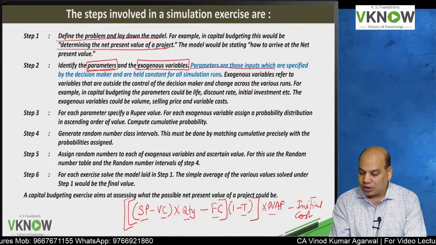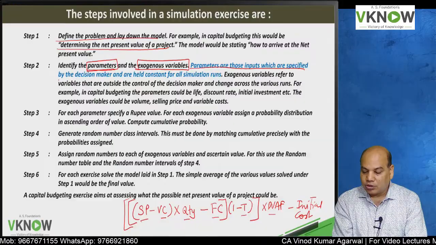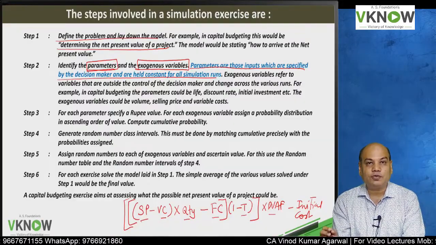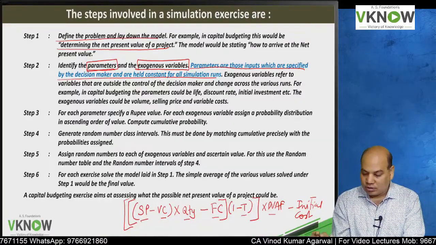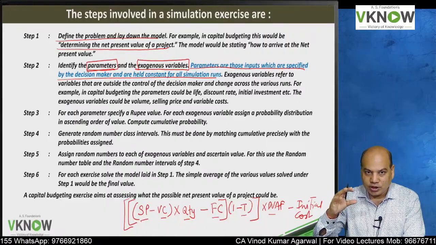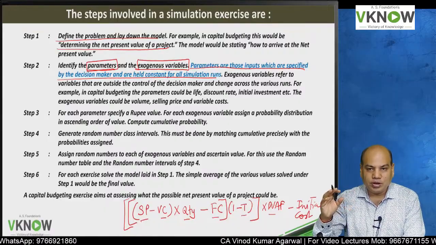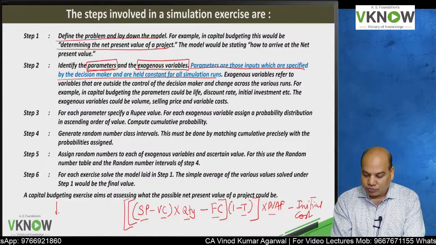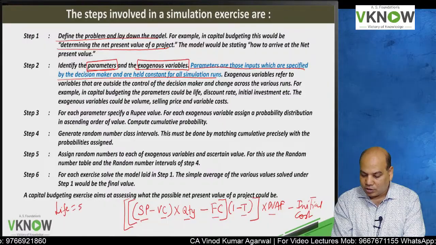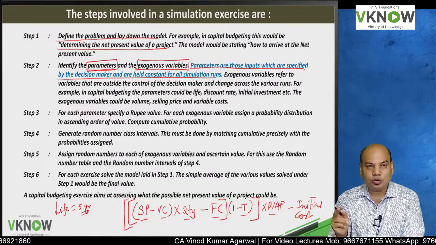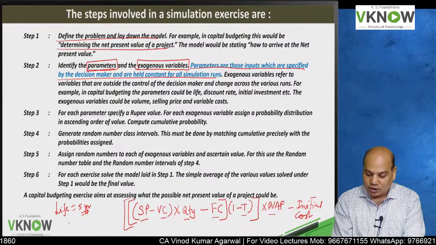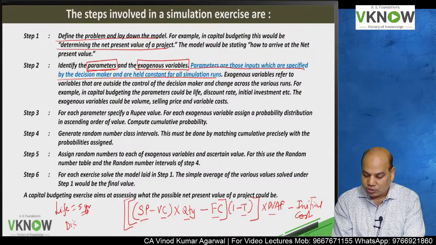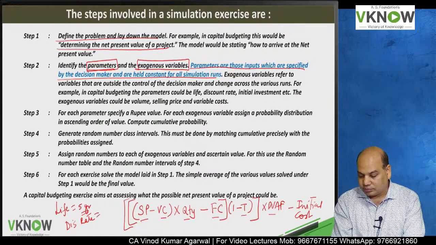Parameters means those inputs which are going to be held constant for all simulation runs. That means we are not going to change some inputs. For example, I can keep the life of 5 years constant. I am not going to experiment with life. Then I will keep, for example, the discount rate of 10% constant.